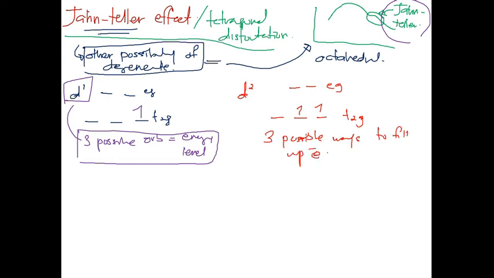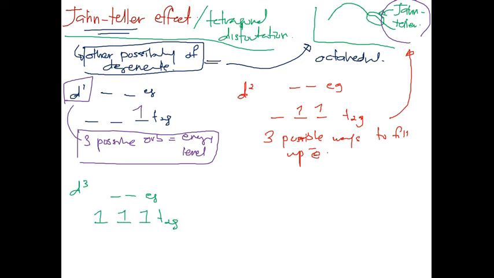Okay, so then you can observe the Jahn-Teller effect. Now we look at the d3 bar. So you have t2g, and then you have the eg. The t2g, you arrange your electrons like this.